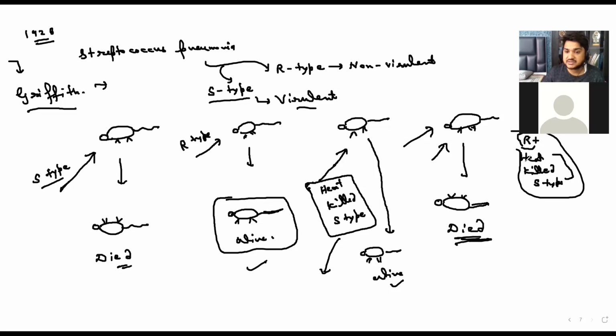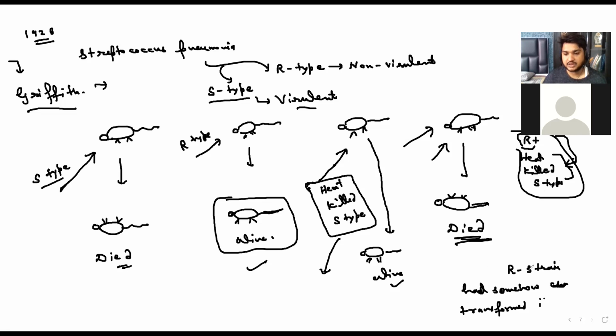R strain has been transformed, but only in the presence of heat killed strain. It is not alone. So R strain has changed itself into virulent or non-virulent? Virulent. Yes. So it has somehow changed itself. Can we say it transformed itself in the presence of the heat killed strain?